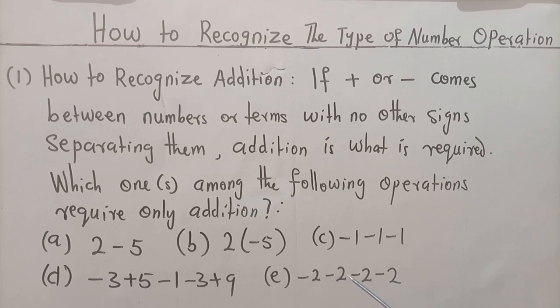Between these 2 and these 2, just one sign, nothing else. Therefore, we conclude that with all these 5 operations, only one is not addition, and that one is this one. The rest are addition. Let us move on to the next one, how to recognize multiplication.